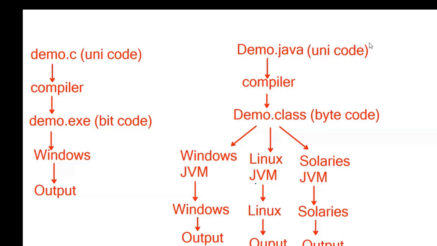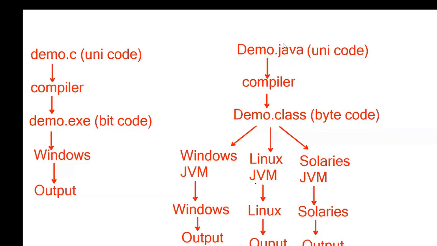After compilation, a Demo.class file will be generated. We can call the Demo.class file bytecode. In C language, Unicode is converted to an operating-system-understandable format, bitcode, but here bytecode will be generated.